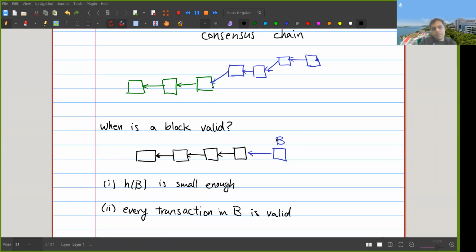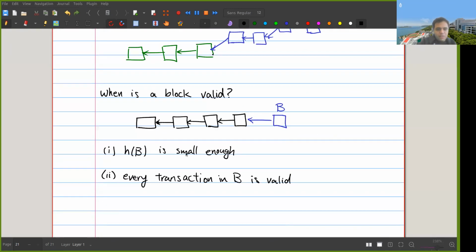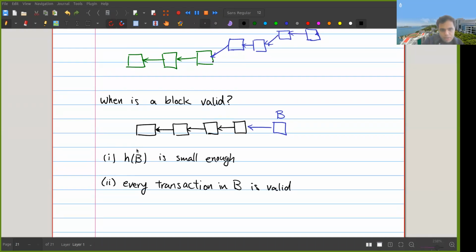If you create a block, for example, that has invalid transactions in it, you can still mine it technically. You can solve this problem for it and make sure that the hash is small, but it wouldn't be valid. So maybe there is a difference between mined and valid. Okay. So someone else asks what the criteria are for a valid block.